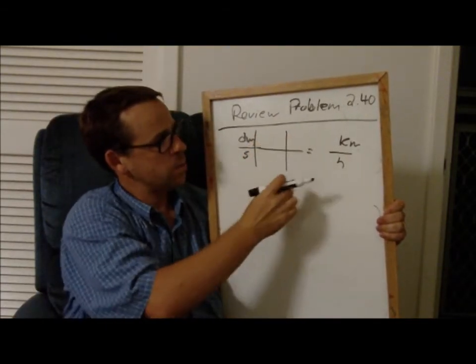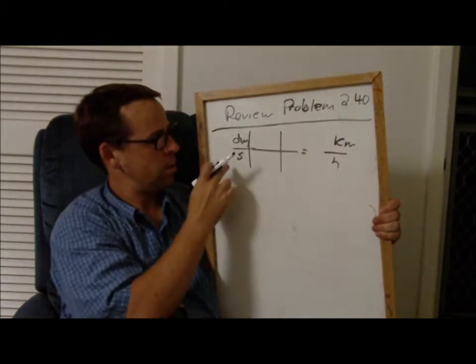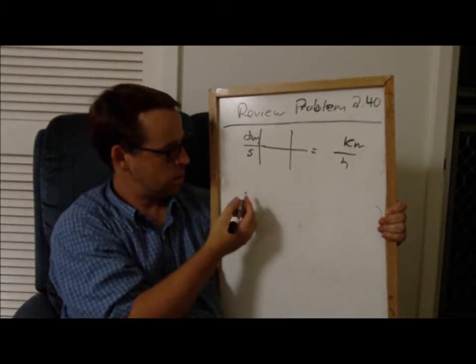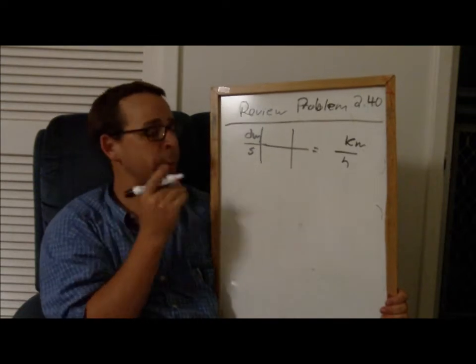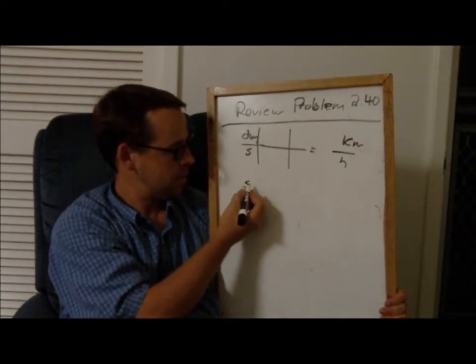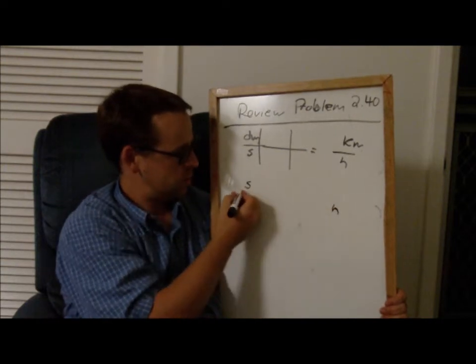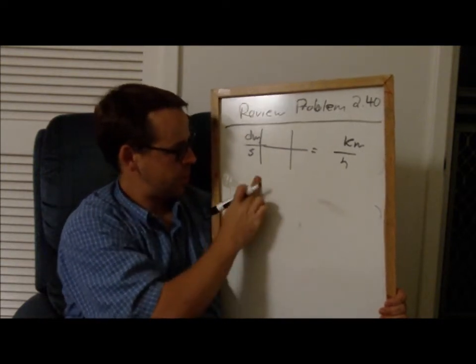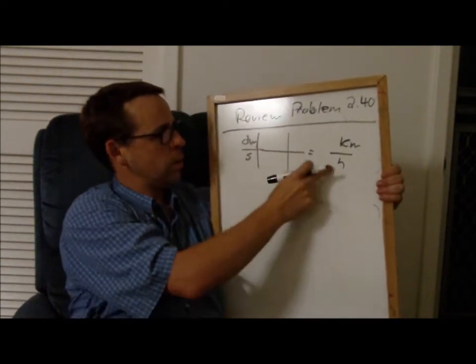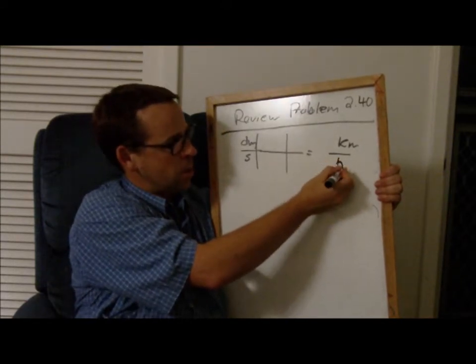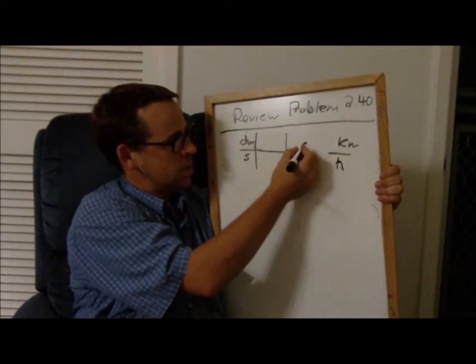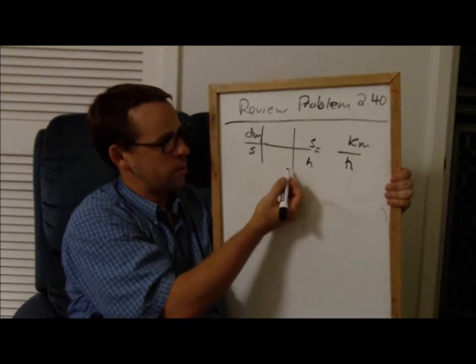I don't know how many conversions we're going to need, but we have kilometers to hours, and we have seconds. If we want to go from seconds to hours, we need hours on the bottom and seconds on top. How many seconds are there for every hour?